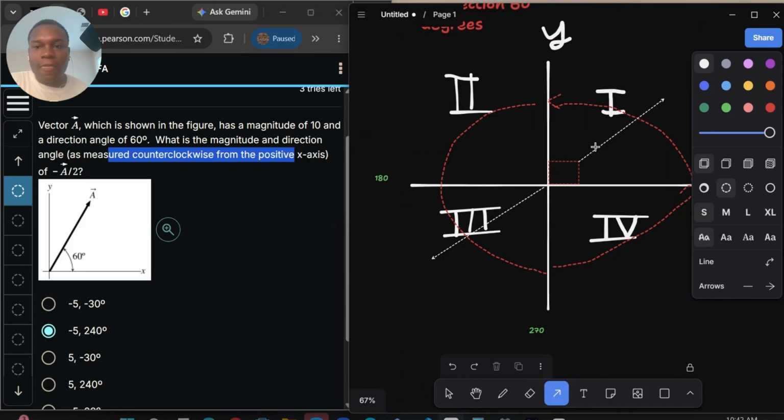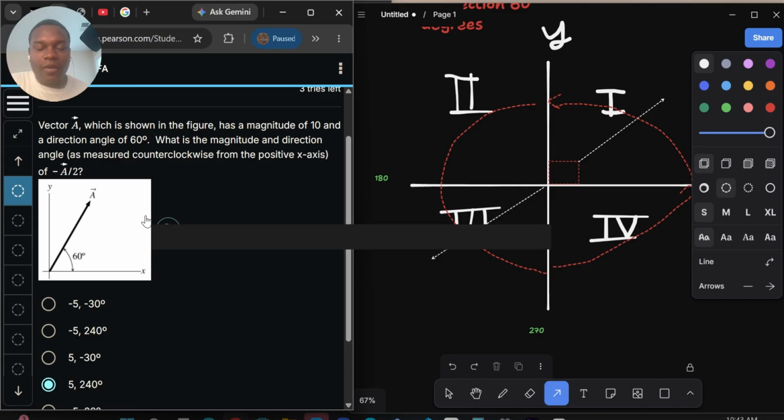The magnitude is always a positive number. Just because you're making the vector negative, that just flips the vector. The length can't be negative technically, but relative to a direction, it can be negative.